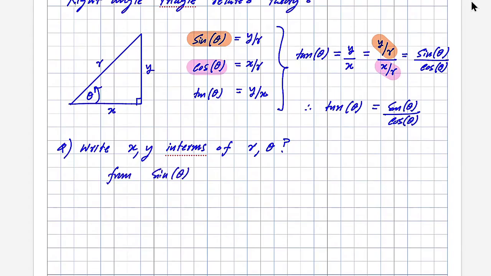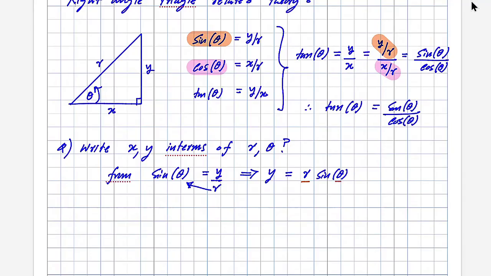From sine theta is equal to y divided by r, I'm going to subject y by cross multiplying this with r. So that's going to be r sine theta, right?